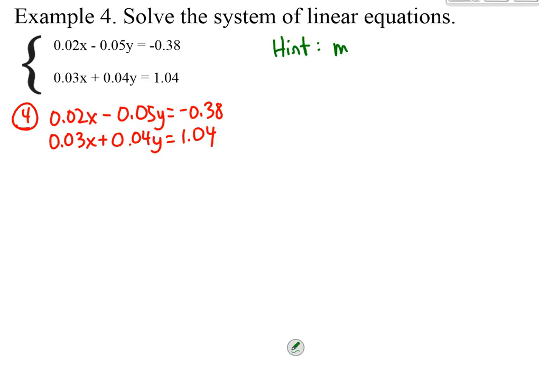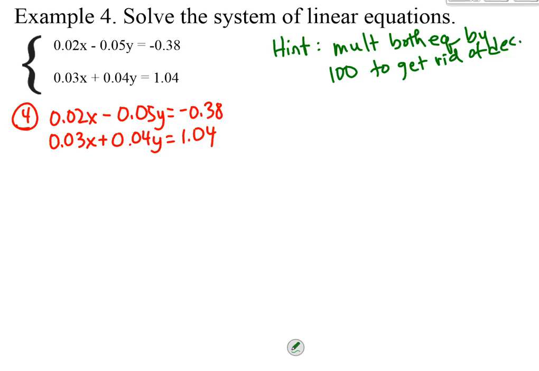So my hint is to multiply both equations by 100 in this case, or if they're fractions and I wanted to get rid of the fractions, whatever the denominator or the common denominator would be, to get rid of decimals.